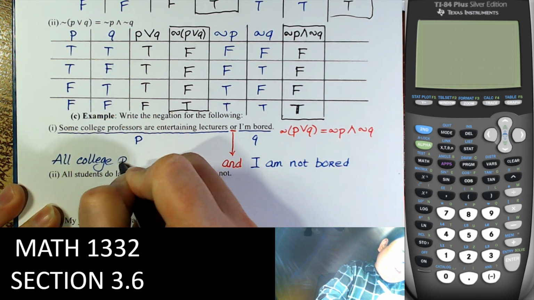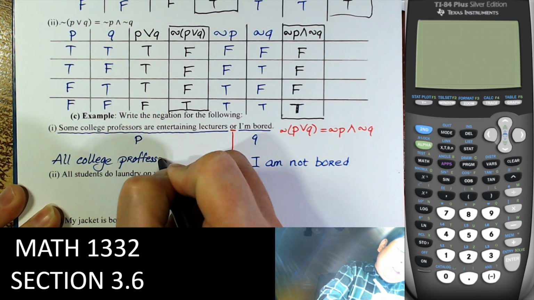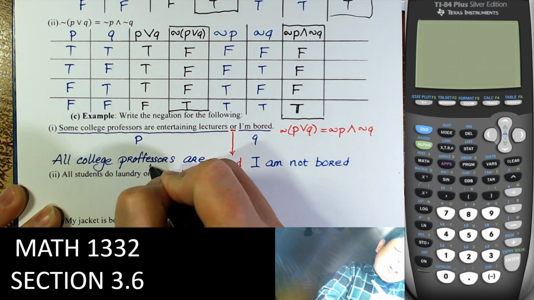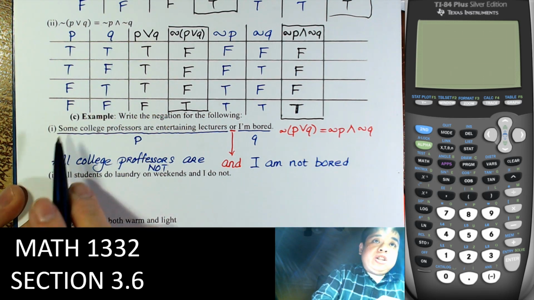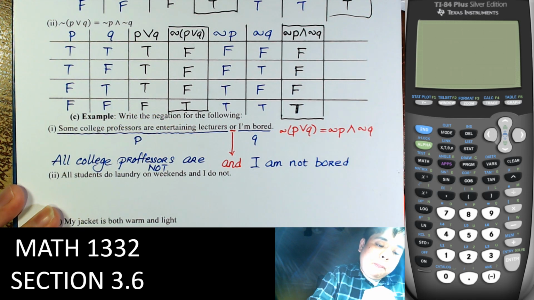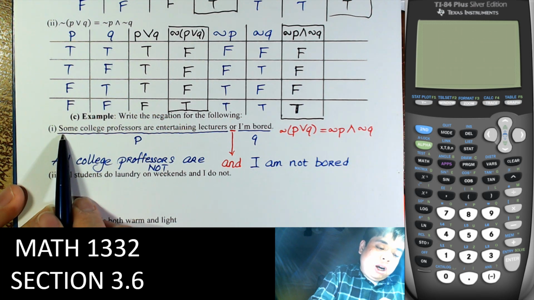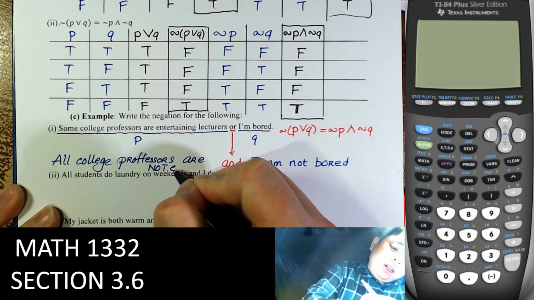All college professors are not entertaining lecturers. So we change negation and also change the quantifiers from existential to universal.